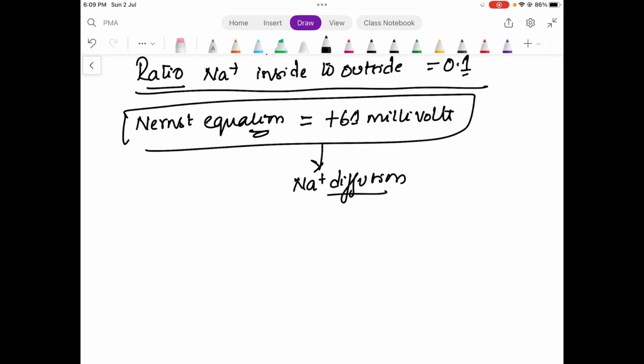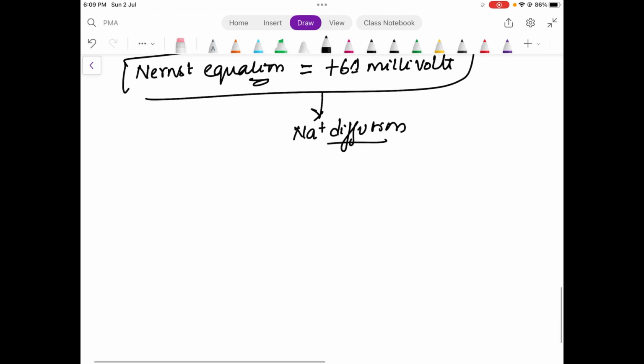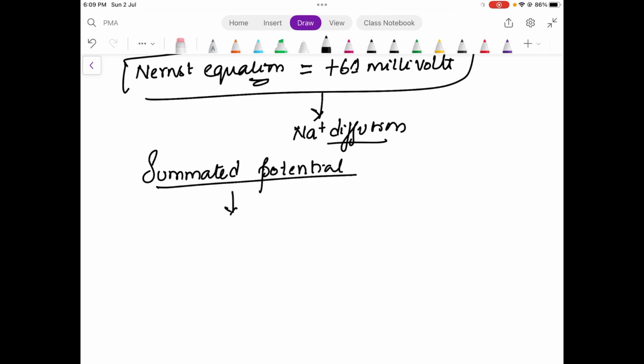Now we have two potentials, one with the potassium and another with the sodium. Now we have to have a summated potential. This summated potential we get through an equation called the Goldman equation.